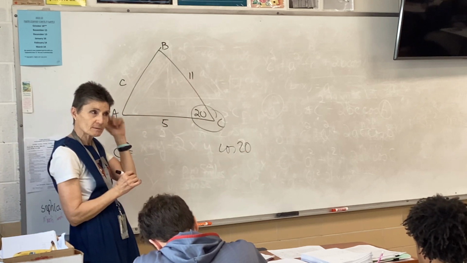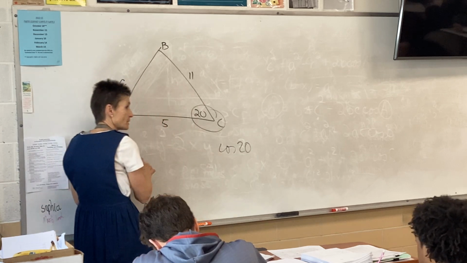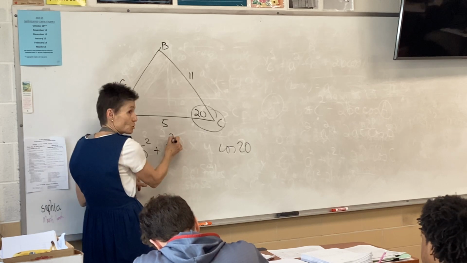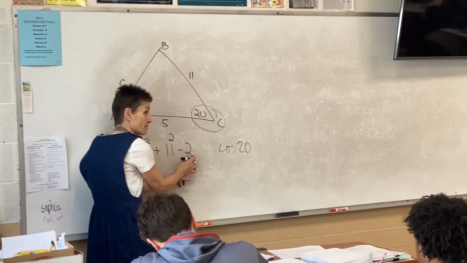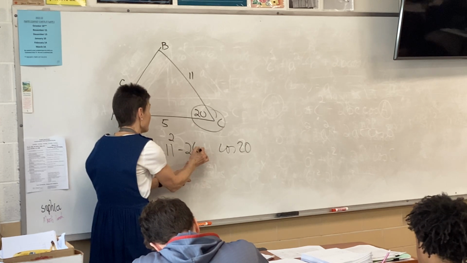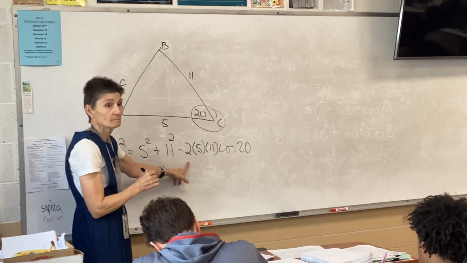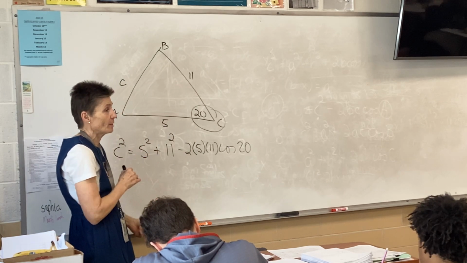Are you remembering what we just talked about? Then what's going to go in the middle here? 5 squared plus 11 squared minus 2, that 2 is part of the formula, 2 times 5 times 11. That's your law of cosines, that's all there is to it.